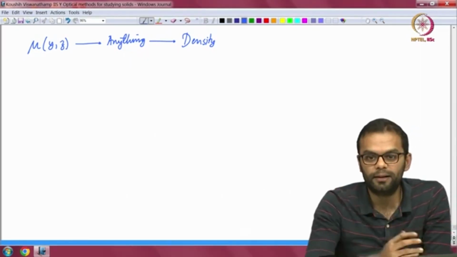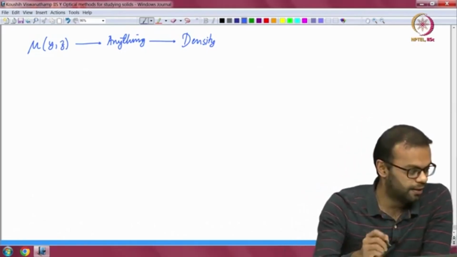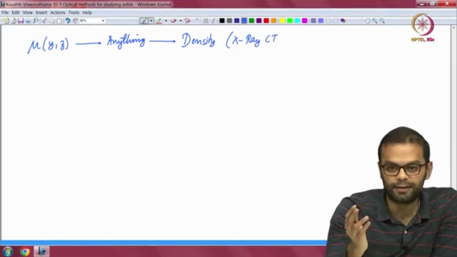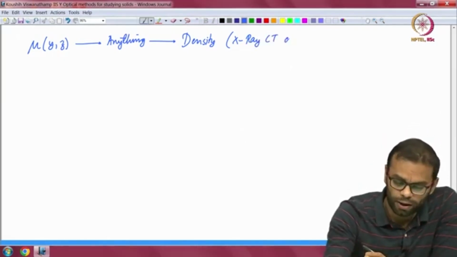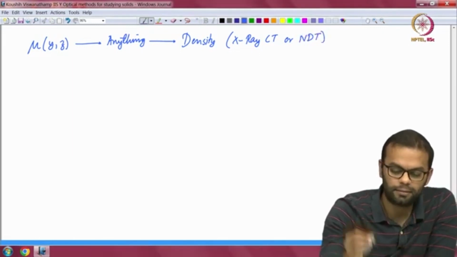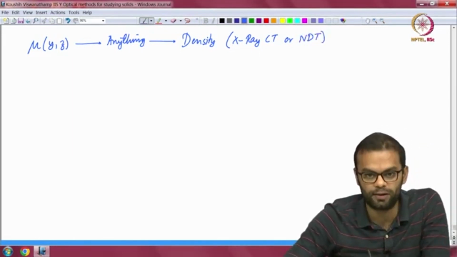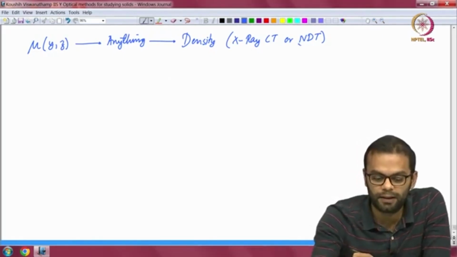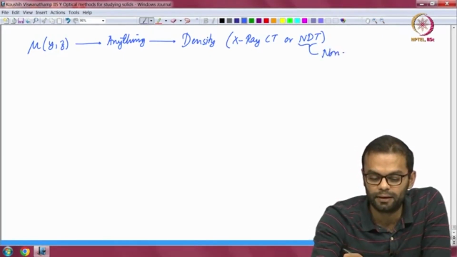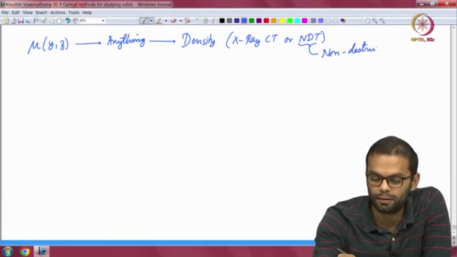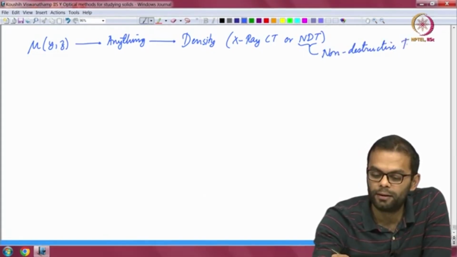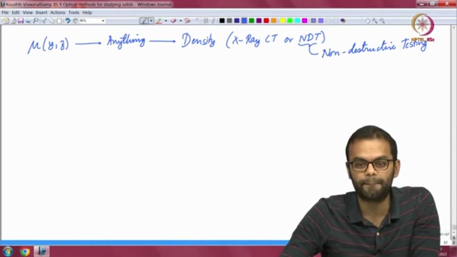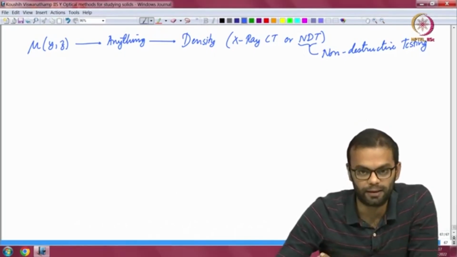So it could be proportional to the density in some way, and if that is the case then you are looking at what is typical with X-ray microtomography or in non-destructive testing. If you want to look for flaws, you want to size the flaws, shape the flaws inside a material that you can't access, then you do something called non-destructive testing. It is a very common way of figuring out and quantifying defects inside materials, especially metallic materials.